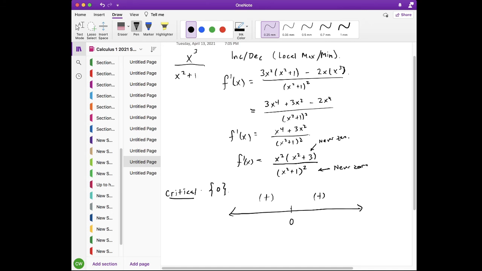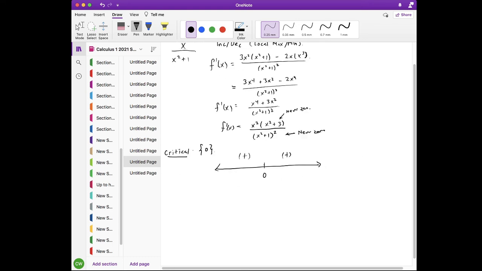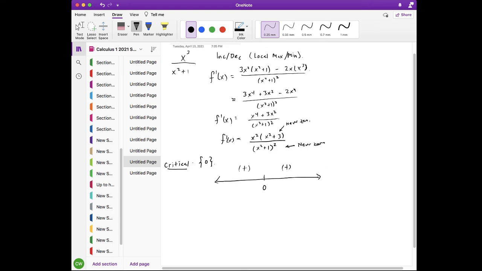So what does this imply about maxes and mins? Since this is positive, yeah, you can just say no max, no min.